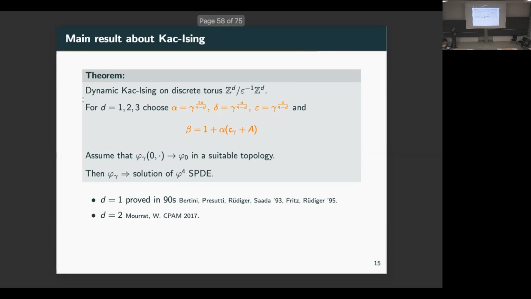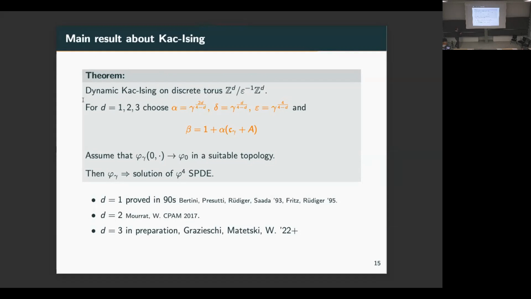Then the two-dimensional result was proved by Jean-Christophe Mourrat and myself a couple of years ago. And the three-dimensional result is going to be on the arXiv in a few weeks. I've been saying this for a while, but it's going to be on the arXiv very soon. And this now really reuses completely this technique of regularity structures.